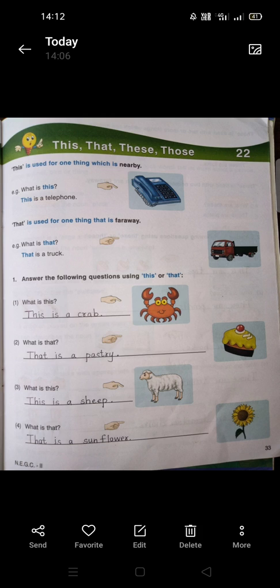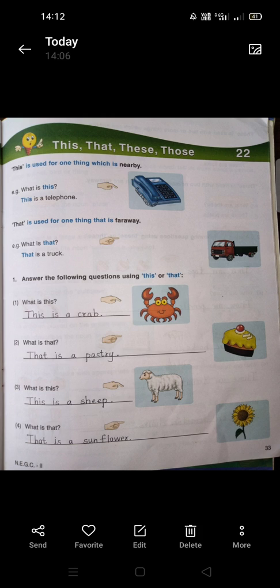So let us learn deeply when the word this is used. We use the word this when the thing is near to us, and also when there is only one thing. When only one thing is near to us, that time we are going to use the word this.